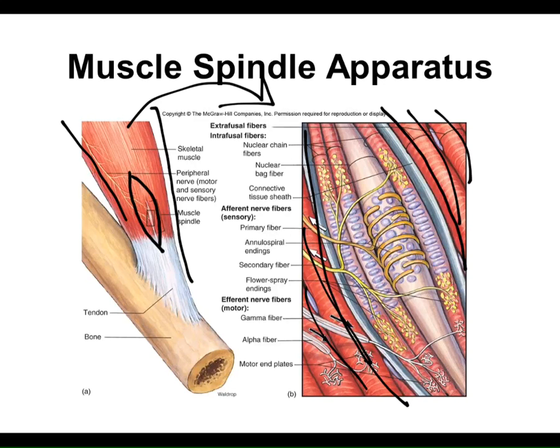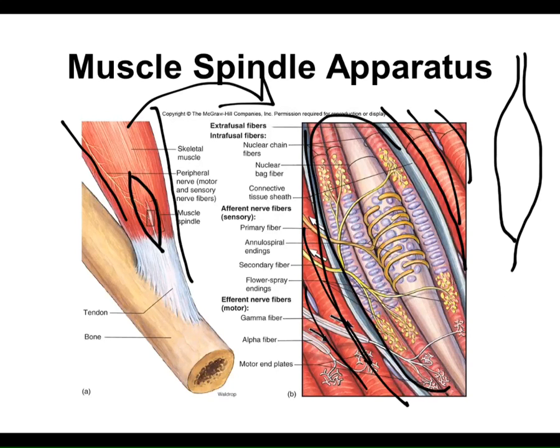But within this little spindle, within this little area, here are some cells, and those are the bag and chain fibers. I'm not going to care about which one's which. But what you see is nerve, right? See the yellow nerves wrapped around? And these cells are not involved with contracting the muscle. These cells are picking up sensations of stretch. And those nerves are sensory nerves.